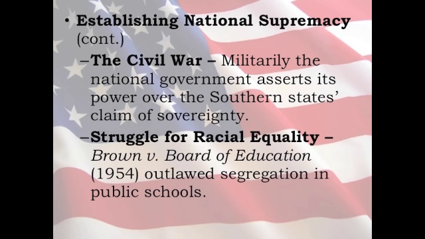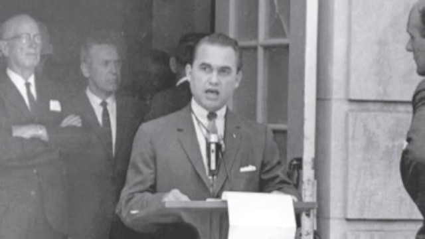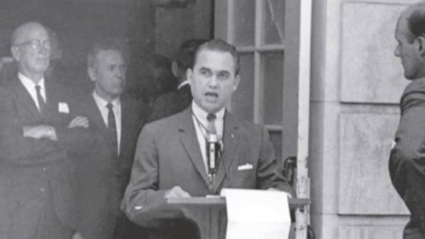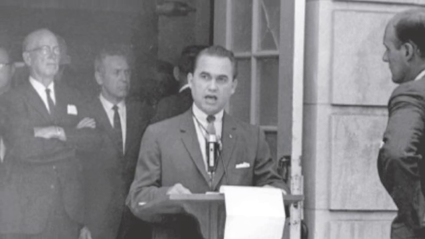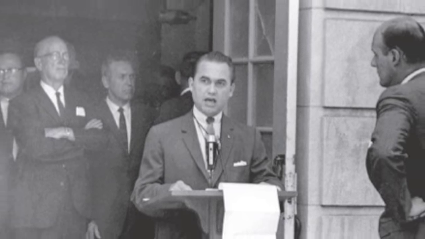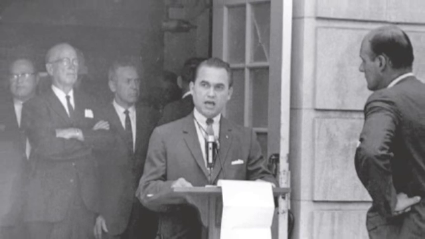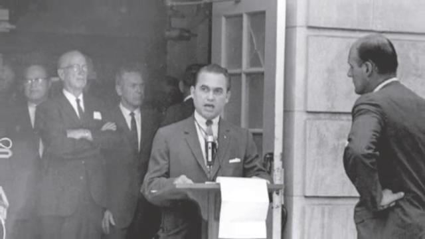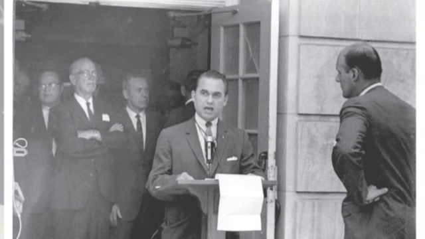Throughout the 60s, the federal government enacted laws and policies to end segregation in schools, housing, public accommodations, voting, and jobs. Alabama Governor George Wallace failed in his 1963 stand to resist integration of the all-white University of Alabama.